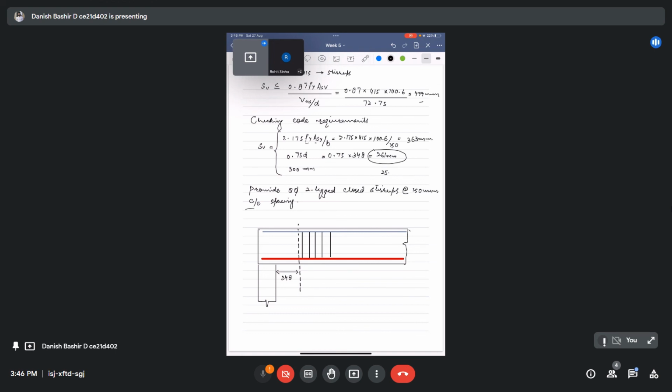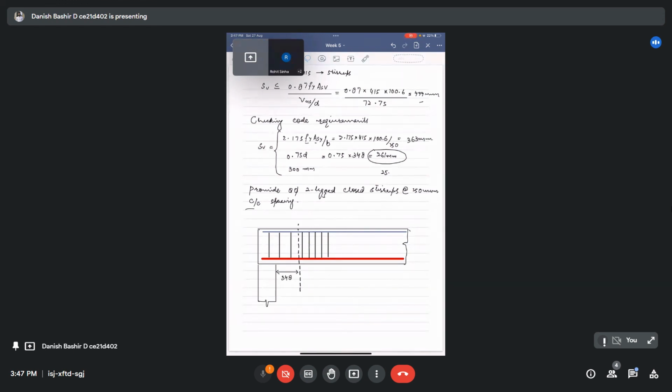We will also provide stirrups here, but we will increase the spacing as this is not our critical section on this side. Here we have to provide these stirrups at uniform spacing close to each other.